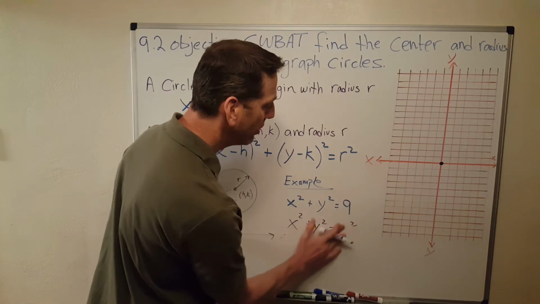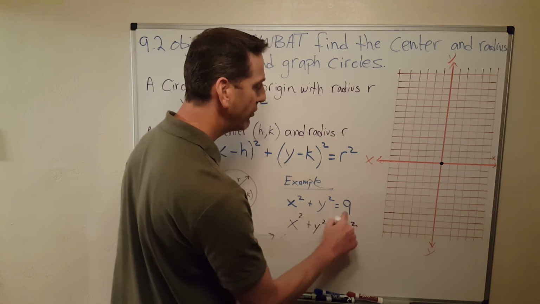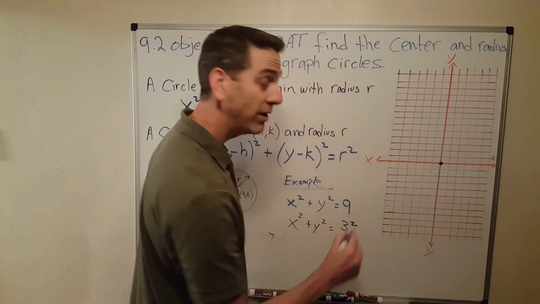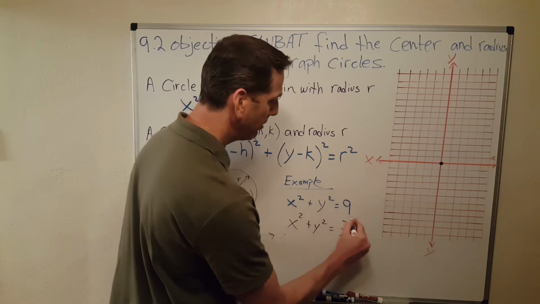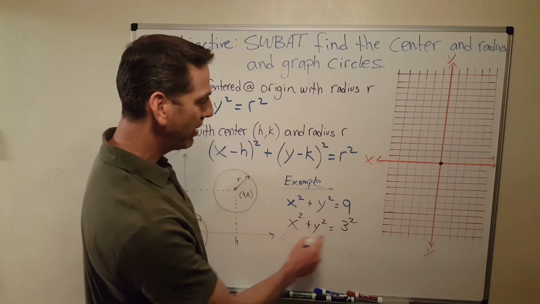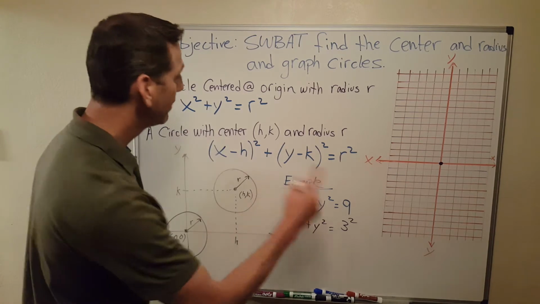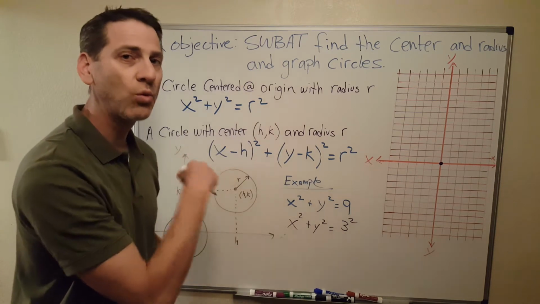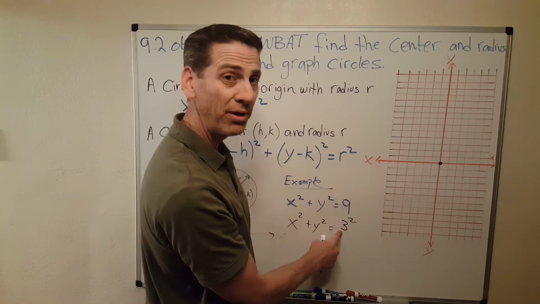So what number squared gives you 9? Or you could just say the square root of 9 is 3. So essentially, I'm saying the same thing. 3 squared is the same as saying 9. So what is my radius? My radius is the number that is squared. So my radius would not be 9, my radius would be 3.